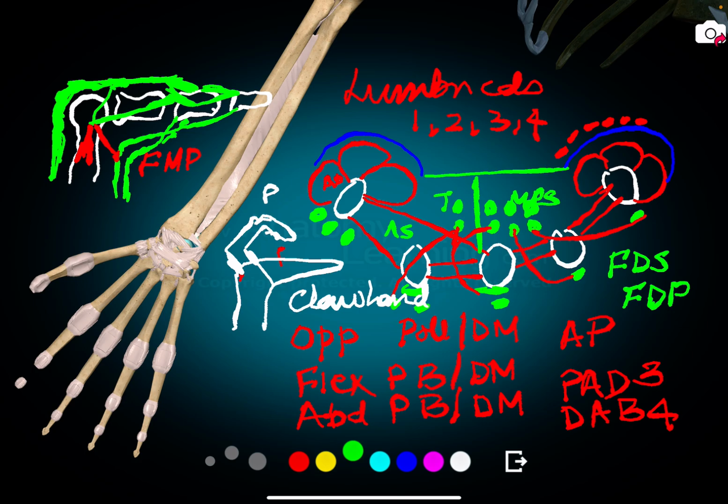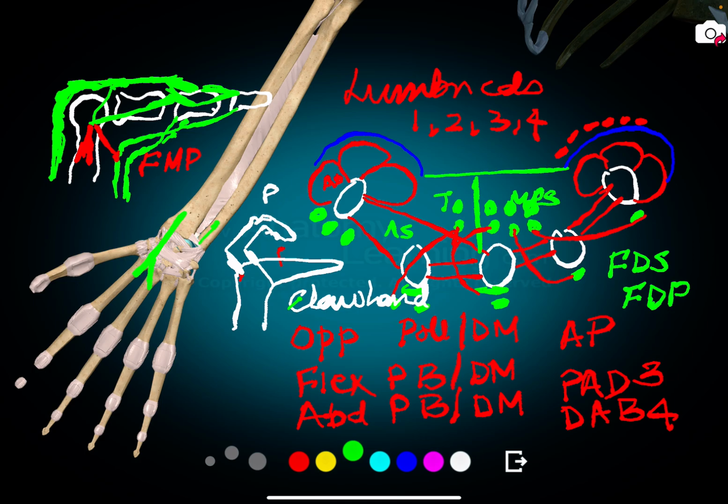After understanding this, let us try to draw these muscles on the skeleton that we are seeing here. Flexor carpi radialis, having two insertions on the second and third metacarpal.